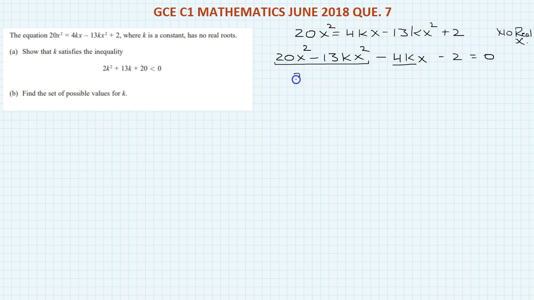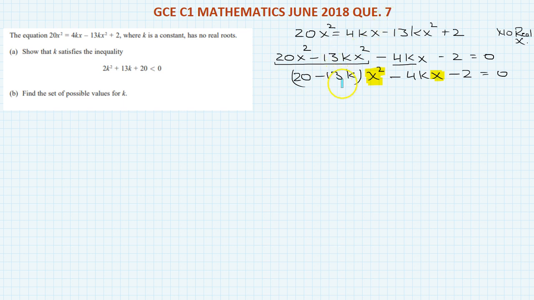So what we have is 20 minus 13k, x square, minus 4kx minus 2 is equal to 0. So this is the standard form. You can see this is the x square, then x, then constant.